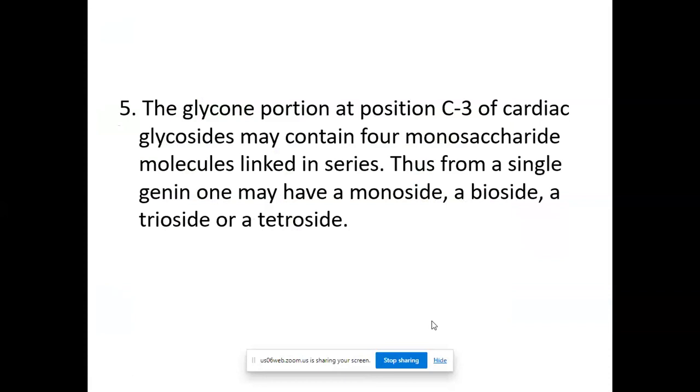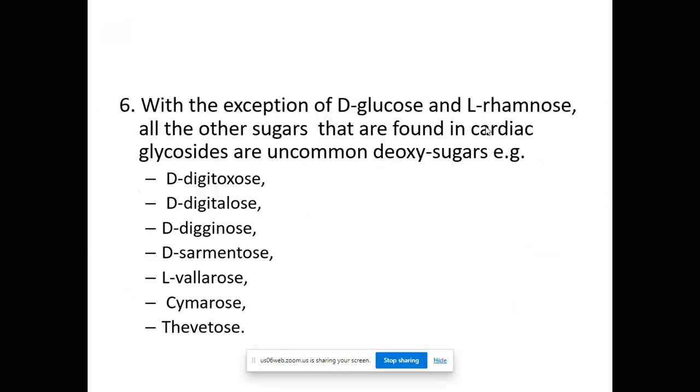So this is a repeat where at position 3, they contain the monosaccharide molecules, which are the sugar part of the structure. With the exception of D-glucose and L-rhamnose, other sugars can be found, which are uncommon: deoxysugars.